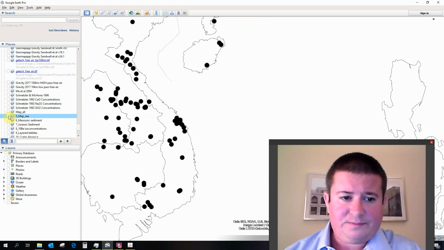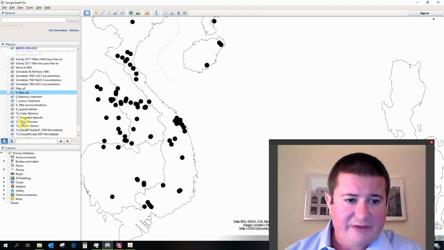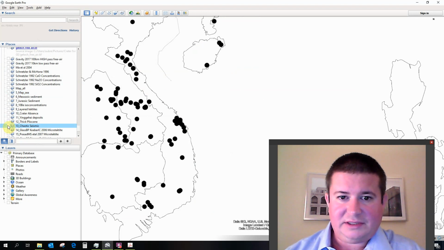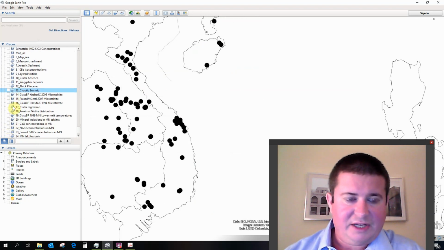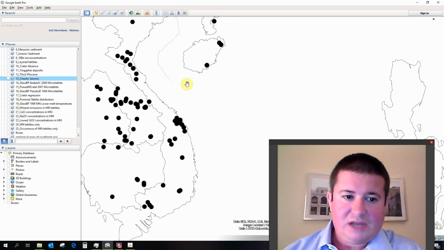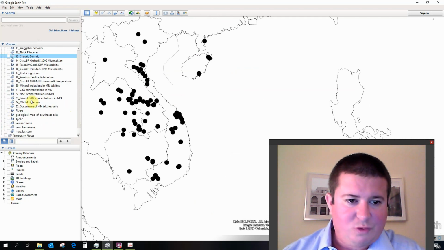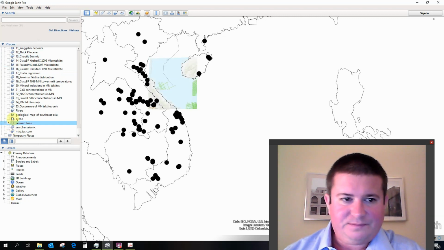So what other data do we have? Here's our chaotic seismic here. That's very interesting. Okay, so we've narrowed it down. I'm not sure I've quite covered everything, but that's the bulk. What we want is seismic data.